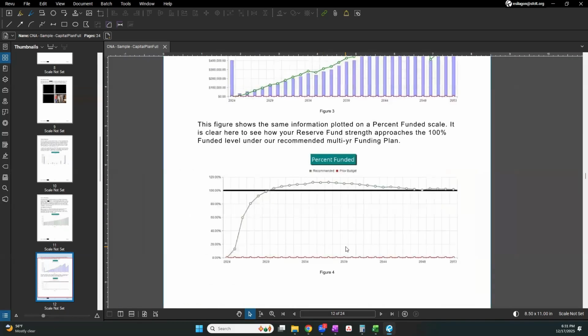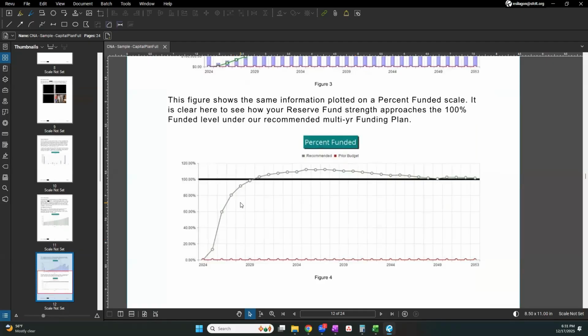If we look at it in a different way at the percent funded, in order to maintain fully funded reserves, between 2029 and 2048, we really want to be overfunded for a bit. And that will help us keep this property stabilized for beyond 30 years.